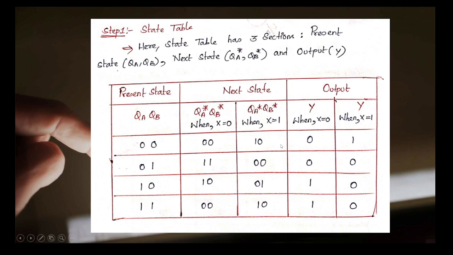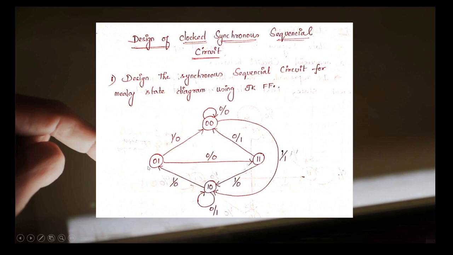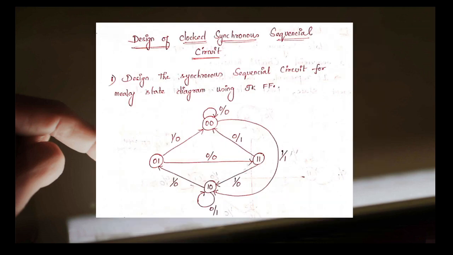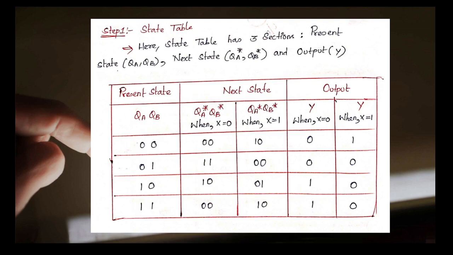The 00 goes to 10 when x is equal to 1. Next, 01 goes to 11 when x is equal to 0, and 01 goes to 00 when x is equal to 1, the output is 0. Like that we have to formulate for all the different states.